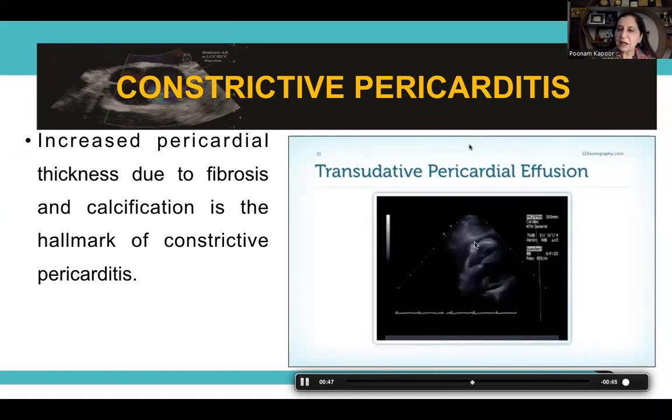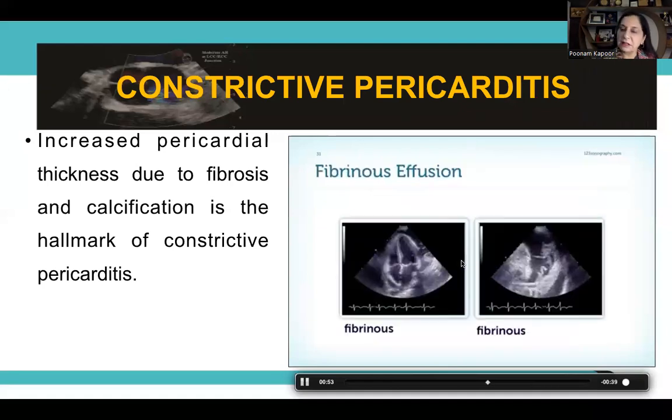Now, this pericardial effusion and the fluid here could be either a transudate, as you normally see in a patient with right heart failure or congestive heart failure, or it could be a fibrinous effusion, an exudate, as you see in a tuberculous patient or in someone who has had fibrinous strands post-hemorrhage and post-blunt trauma.